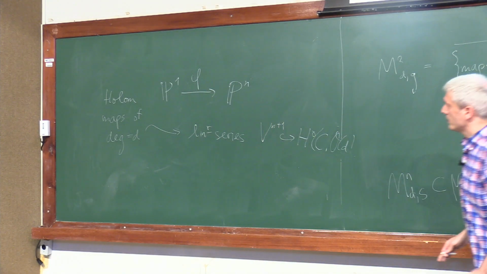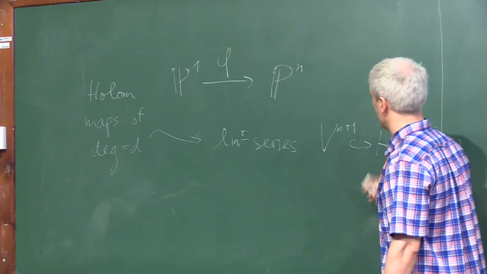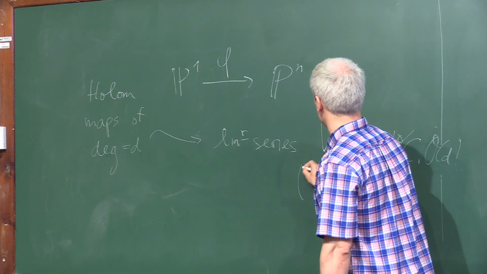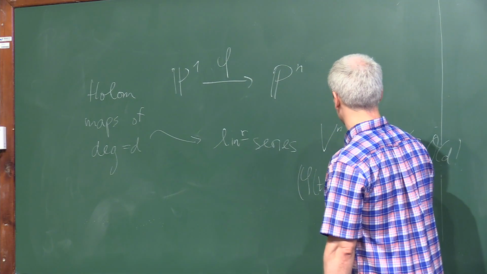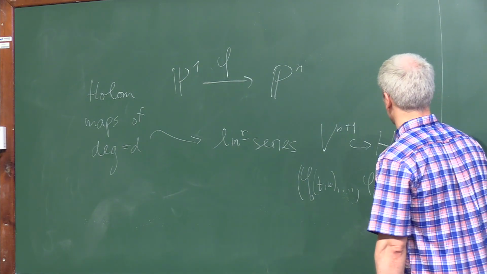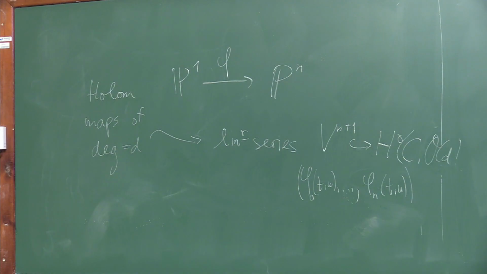Because again, any one of these phi is going to be singled out by a vector subspace of sections, phi_0 up to phi_n of t comma u. These are just homogeneous polynomials of degree d on P1. And our singularities are going to impose conditions on their coefficients.